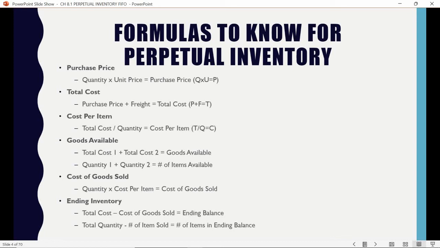But at the end of the day, the columns are going to be cost of goods sold, purchases, and then your inventory on hand or your goods available, whatever you want to call it. Your ending inventory is something that you're going to constantly be calculating over and over again. You're always going to know what the ending balance is at all times.